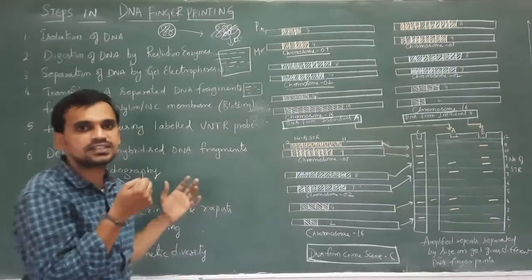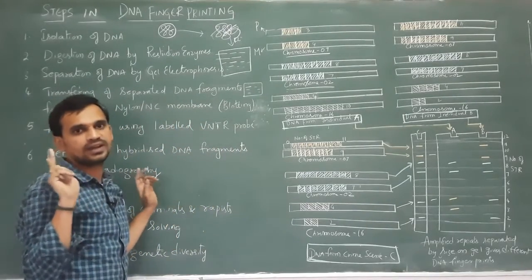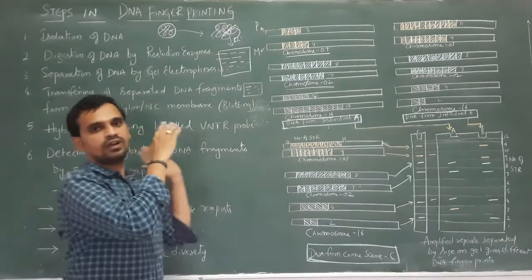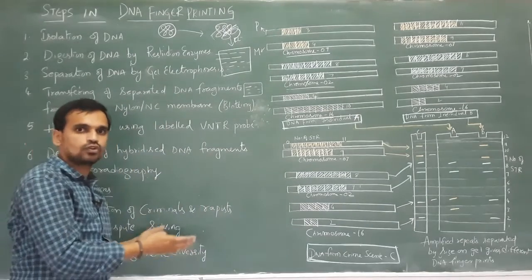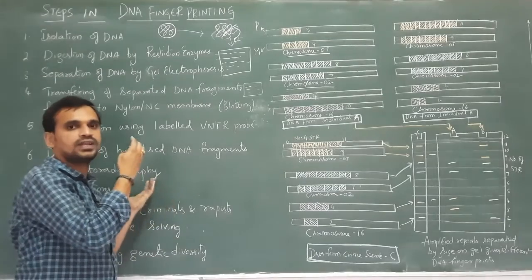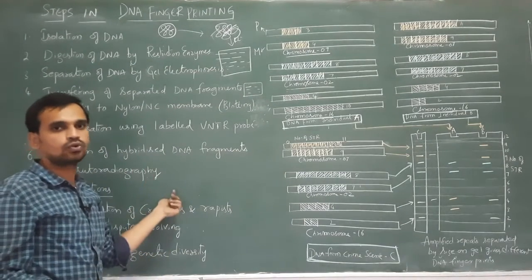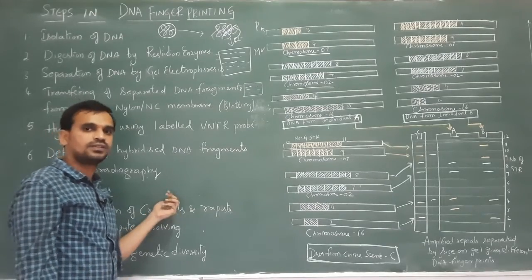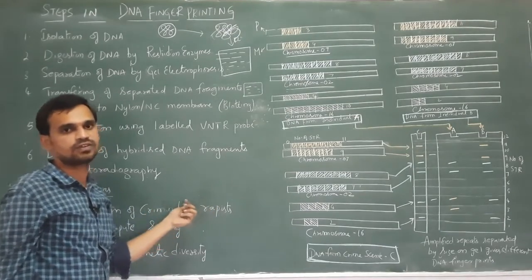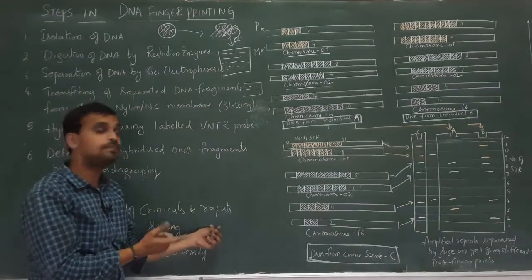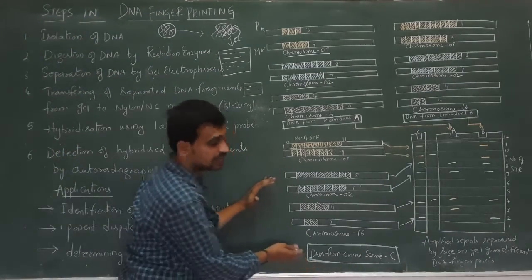The cell consists of 2 sets of chromosomes, 1 set from father, 1 set from mother. All 23 chromosomes from father, all 23 from mother: 22 autosomes and 1 sex chromosome from father, and 22 autosomes and 1 sex chromosome from mother. Like that they have isolated the chromosomes.